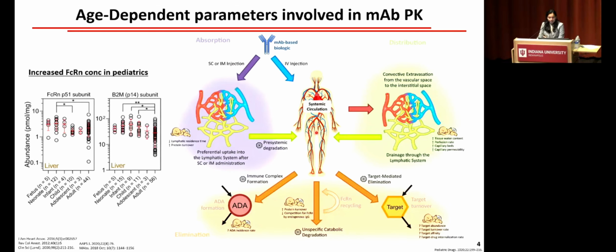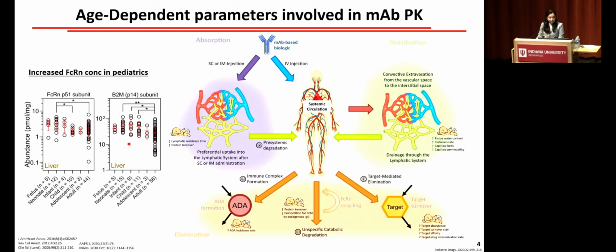Once inside the system, antibodies are primarily eliminated via non-specific catabolism, via target-mediated drug disposition, or immune complex formation. Now, FcRn is a receptor present in our body, which plays an important role in salvaging monoclonal antibodies.